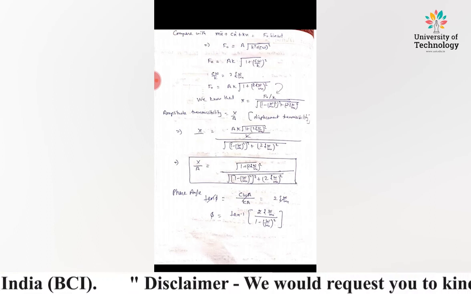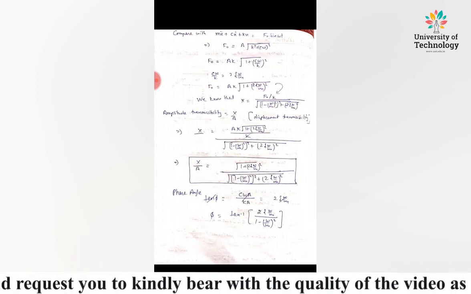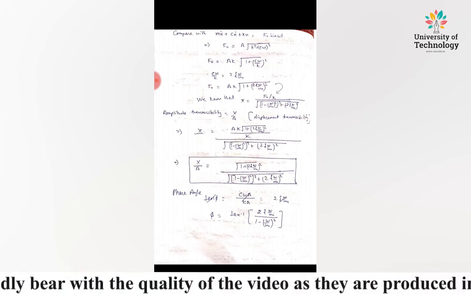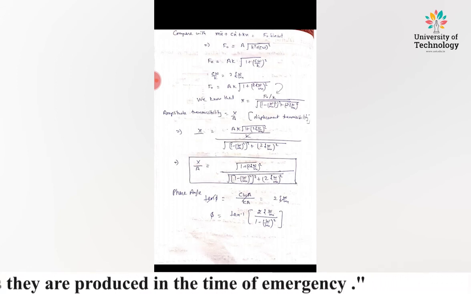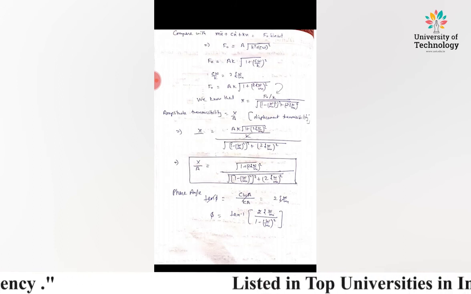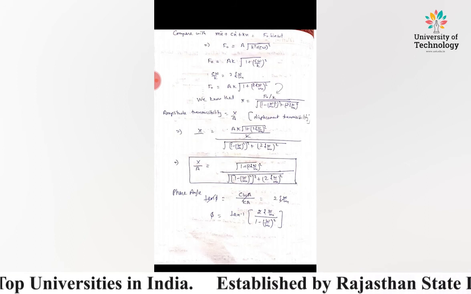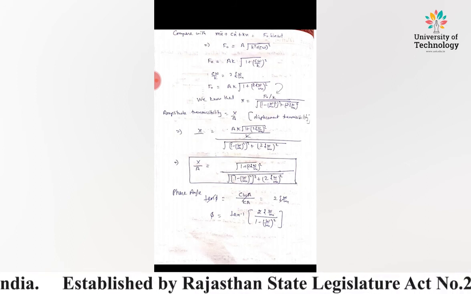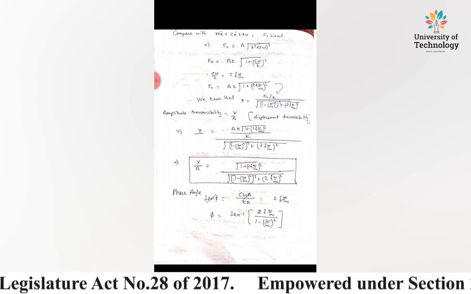By taking k common, we get the root of 1 plus (c omega by k) whole square. We know that c omega by k is equal to 2 zeta omega by omega n. Then the value of f naught is equal to Ak times the root of 1 plus (2 zeta omega by omega n) whole square.